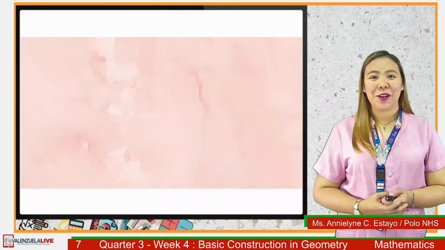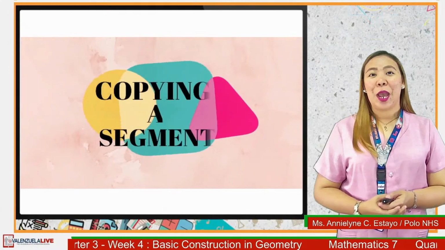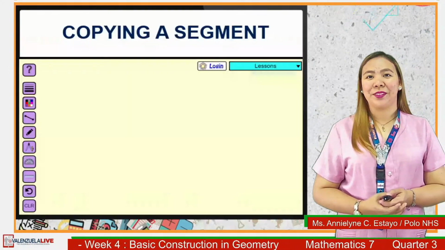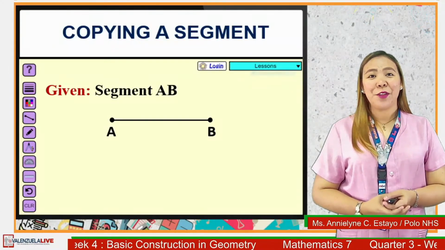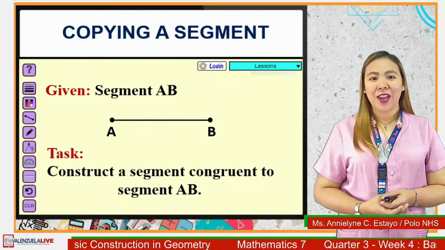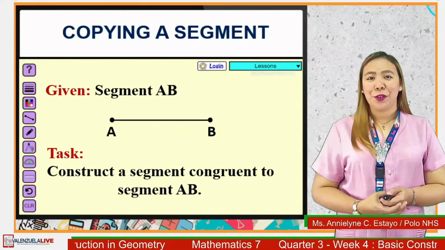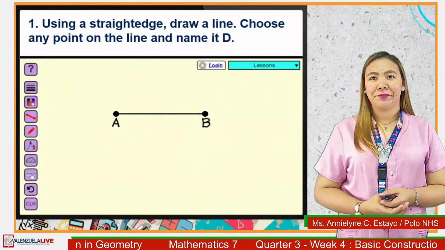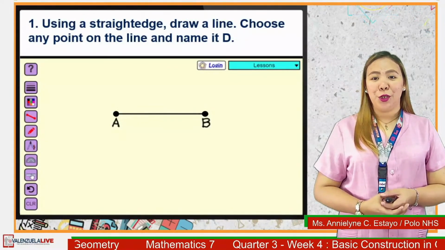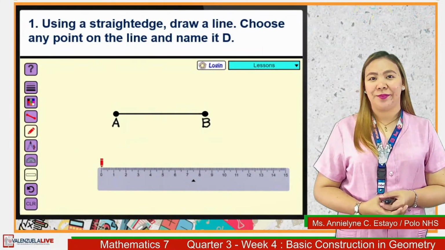The first construction is copying a segment. We are given segment AB, and the task is to construct a segment congruent to segment AB. For the first step, we are using a straight edge or a ruler to draw a line.